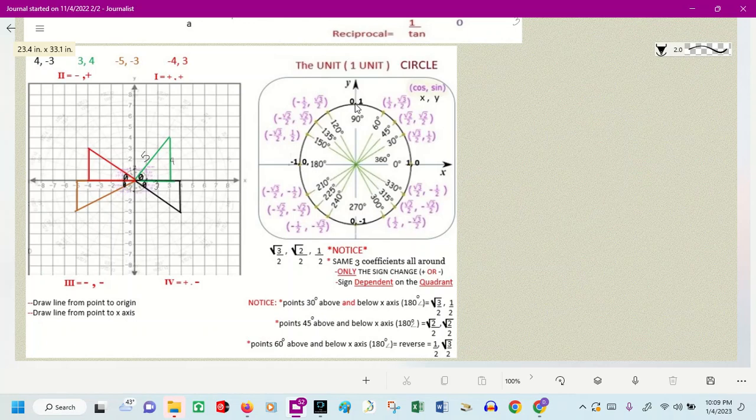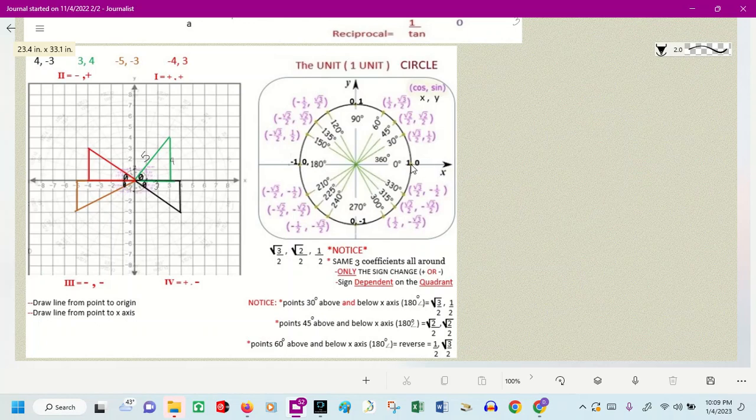So, if you took a line, connect your dots, starting here, you'll have one complete circle. The full circle is 360-degree angle. The complete circle is 360 degrees. Half of that circle is your 180 degree, which is your x-axis right there.